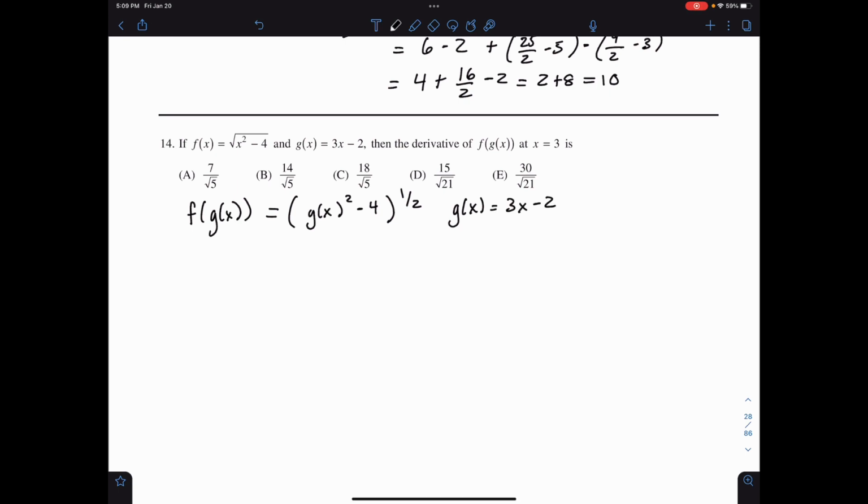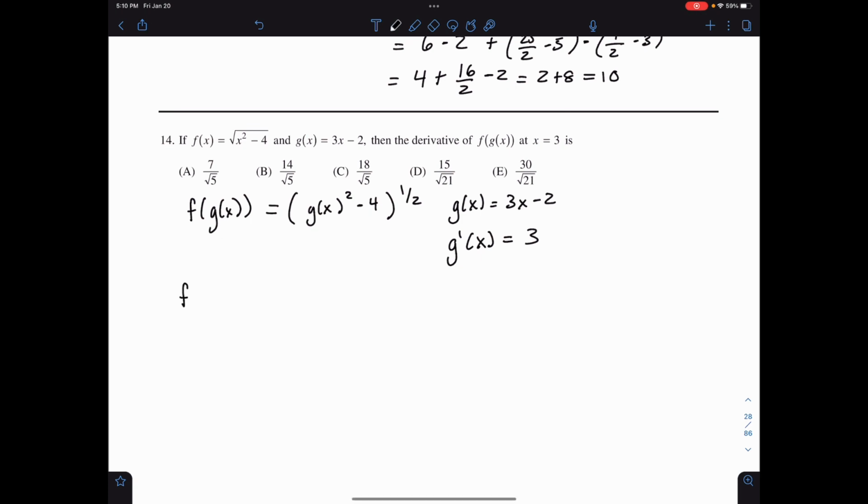And when I take the derivative of this, I know I'm going to need to use the chain rule, and I'm going to have to keep taking the derivatives of the inner portions. So I'm also going to preemptively solve for g prime of x, which just so happens to be 3. Great. Okay. So now the derivative of this composite function, so f prime of g of x, is, so we use our chain rule.